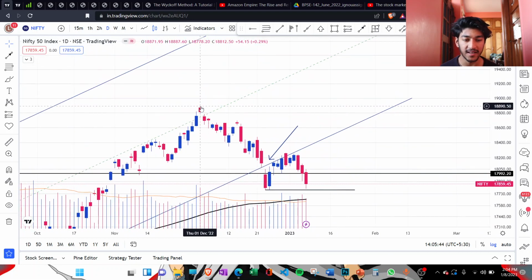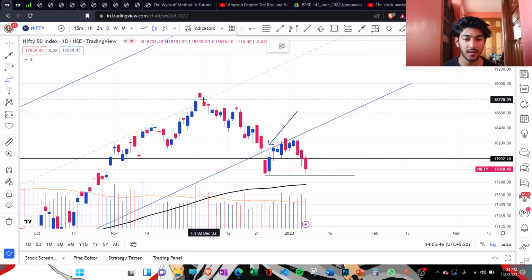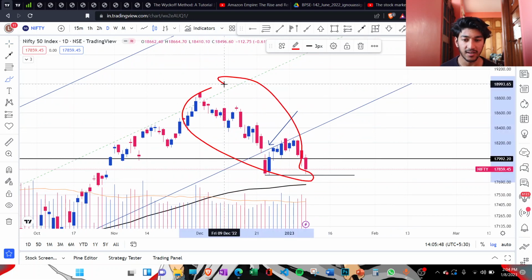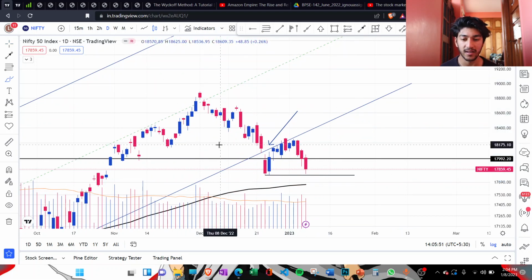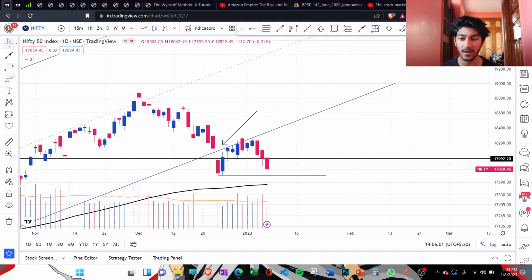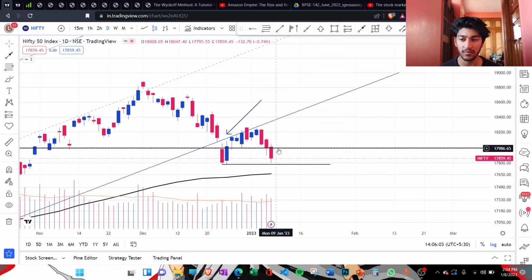This whole correction from around 18,890 to this level of 17,800, this 1,000-point correction, caught many people off guard, and I personally had to book some losses. Even my trading is not going that well, so I'm taking a break. I have moved mainly into cash.